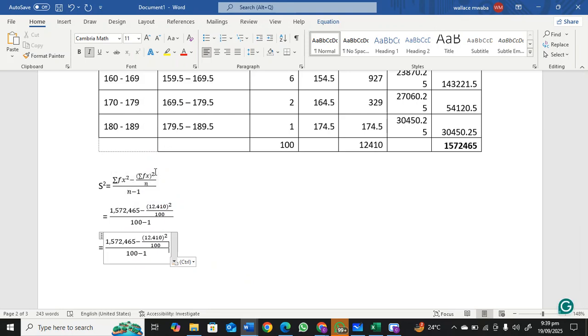So we're going to start first with 12,410 squared, which is 154,008,100. Here at the bottom, 100 minus 1, that's 99.